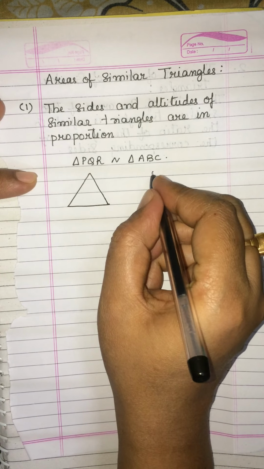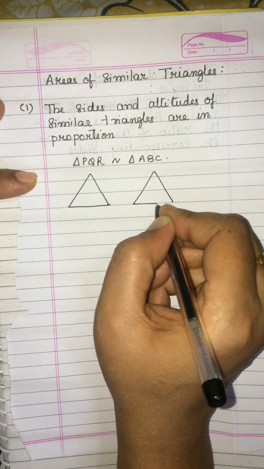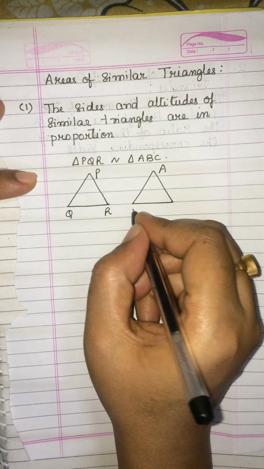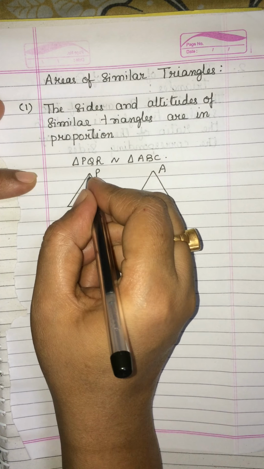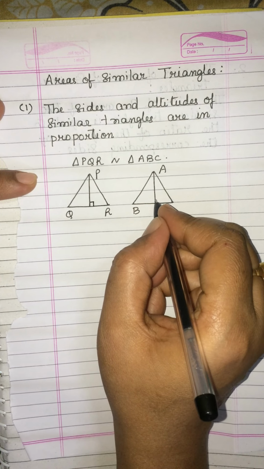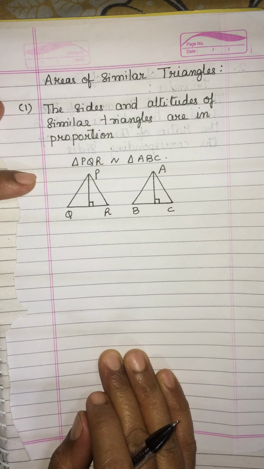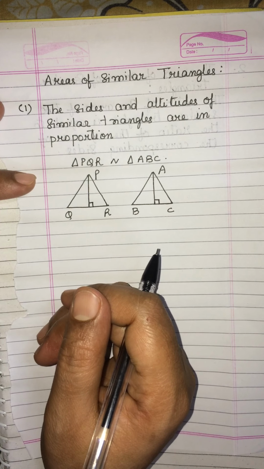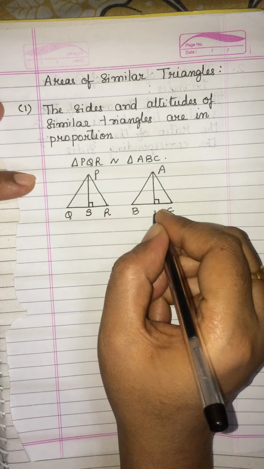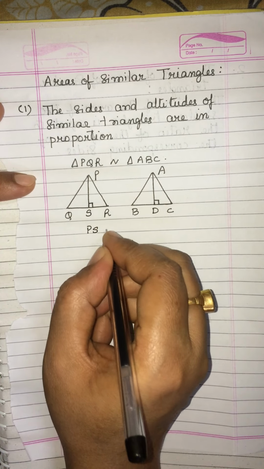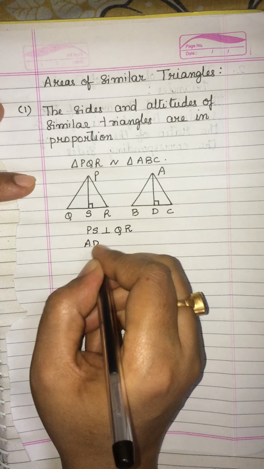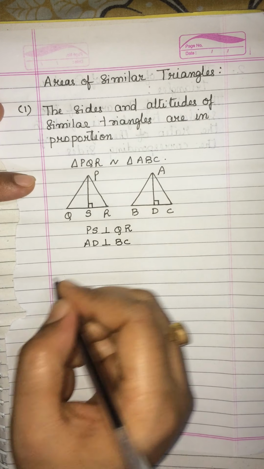Among them, this is another property, and what it says: in triangle PQR and triangle ABC, we have altitudes, children, and we know the altitude makes a right angle with the base. Altitude is nothing but the height of the triangle. So if you take the feet as S and D, PS will be perpendicular to QR and AD is perpendicular to BC.